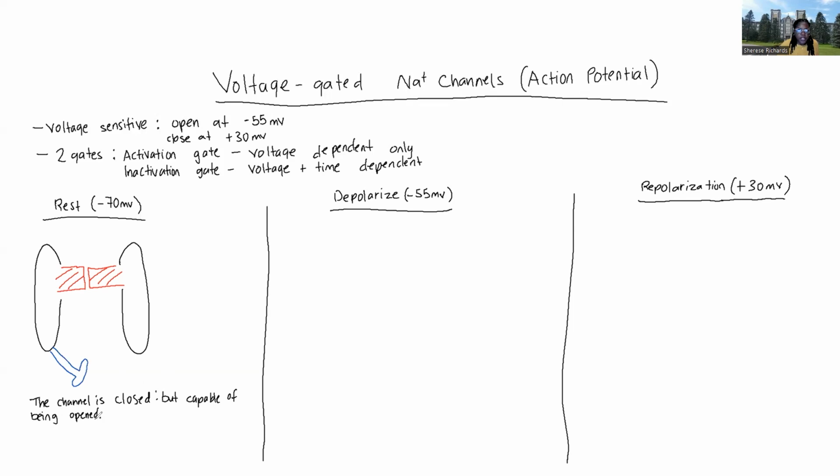In other words, if a strong enough graded potential or summation of graded potentials came along, then we could fire an action potential if the channel is in this state, closed but capable of being opened.